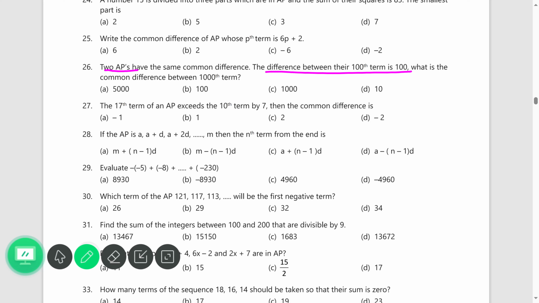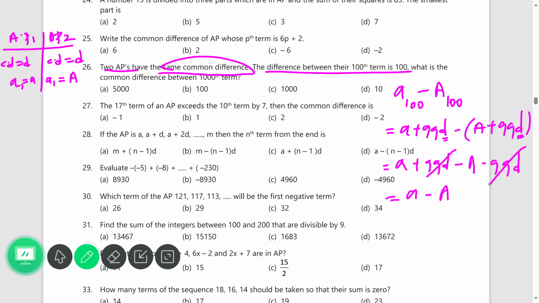So what am I getting? The difference between the 100th terms is 100 they said, so small a minus capital A equals 100. And what they ask you to find is the difference between the 1000th terms. A1000 minus A1000 equals a plus 999d minus capital A plus 999d.